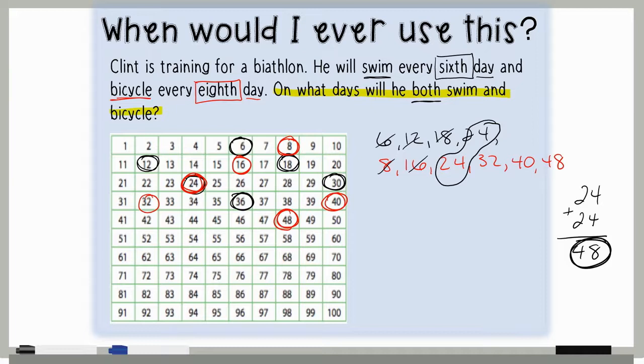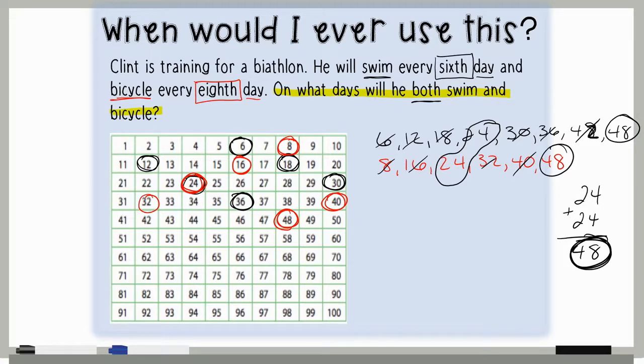If I list 24, 30, 36, 42, 48. Got a little excited. 30 doesn't work, 36 doesn't, 42, 40, but 48 does. So I know that every 24 days, Clint is going to do both activities.